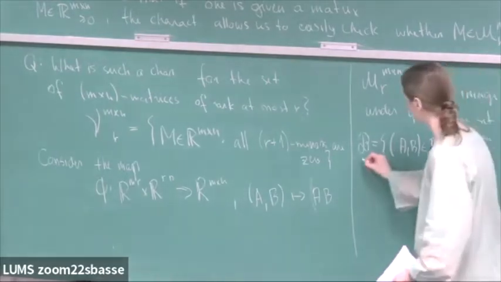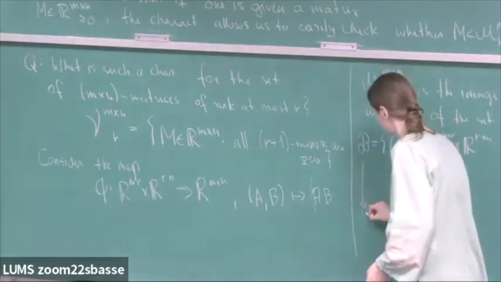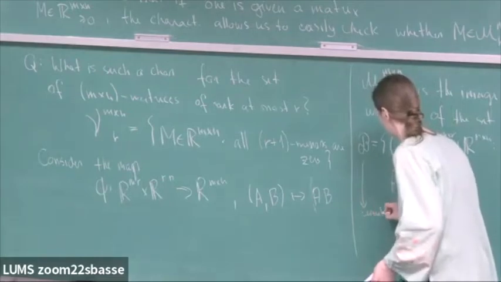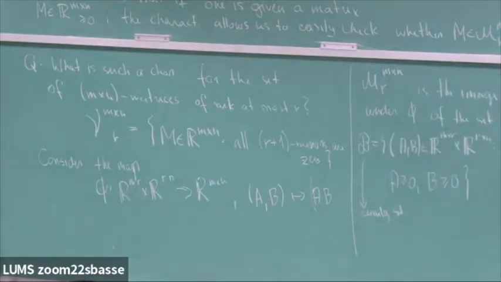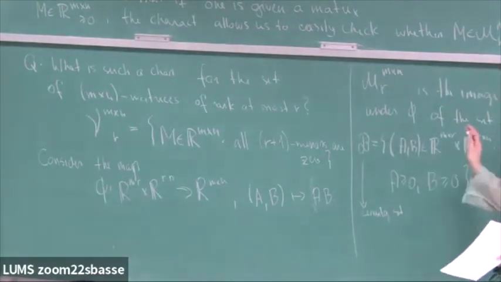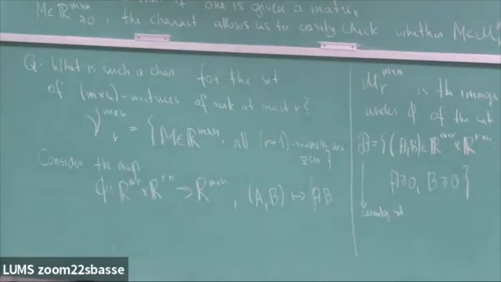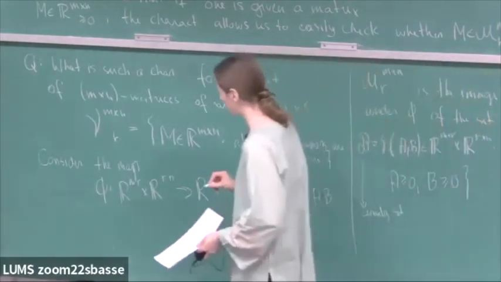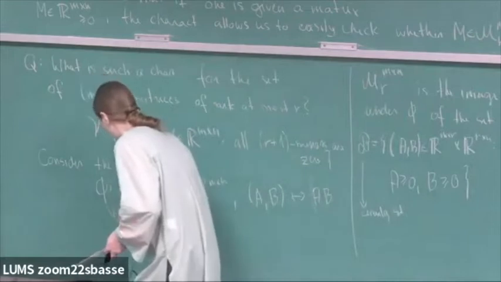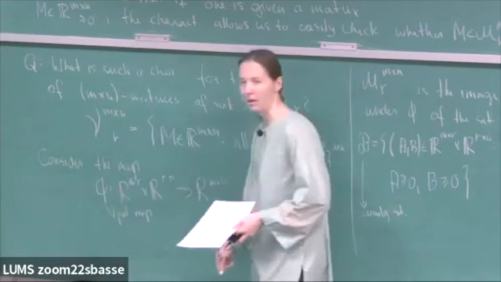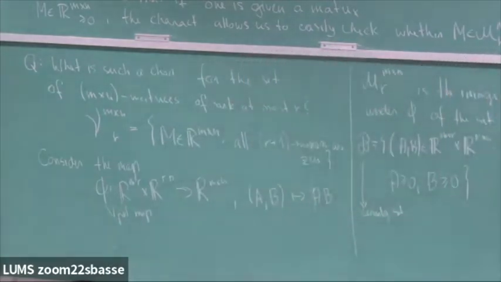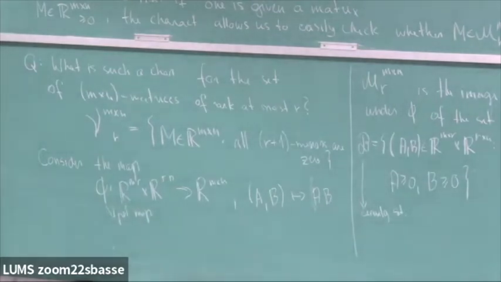And this is a semi-algebraic set. In fact, it's a polyhedral cone, but what we are interested in is that it's a semi-algebraic set. And this is a polynomial map. So now we can apply the theorem from yesterday that said that the image of a semi-algebraic set under a polynomial map is a semi-algebraic set.